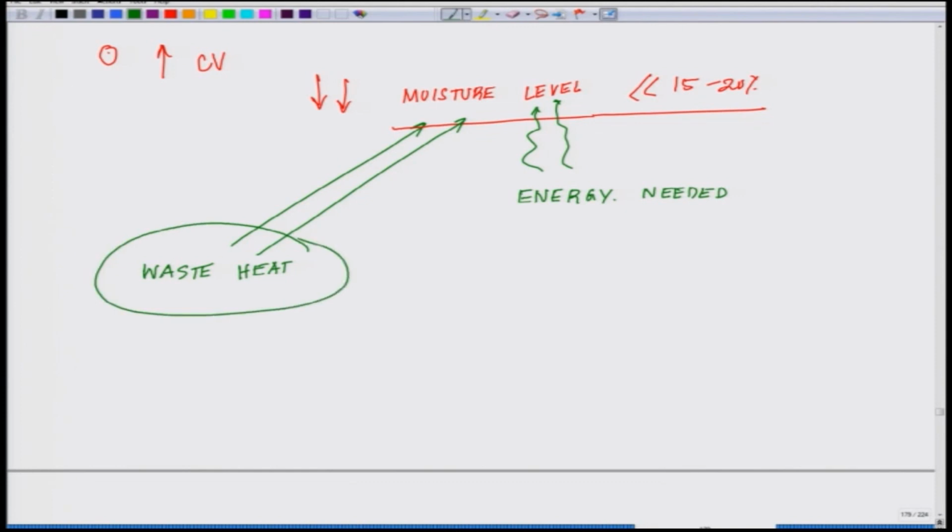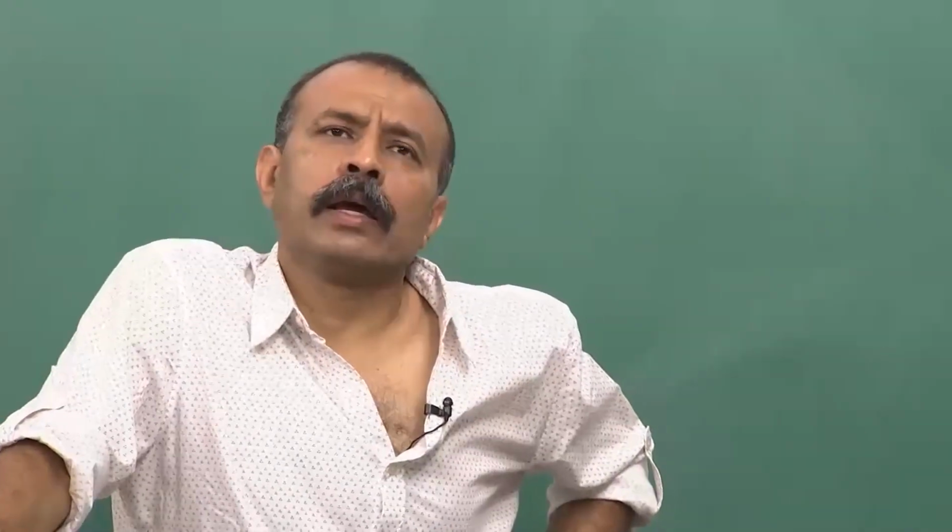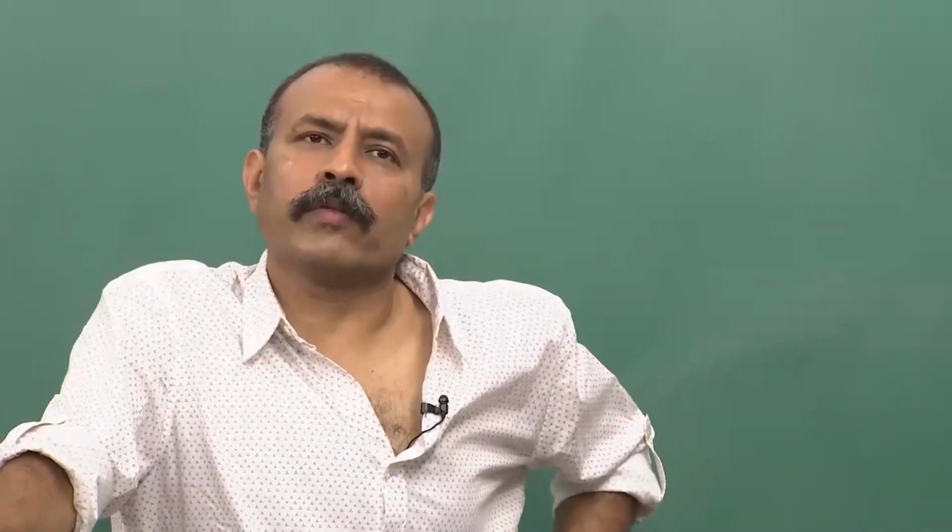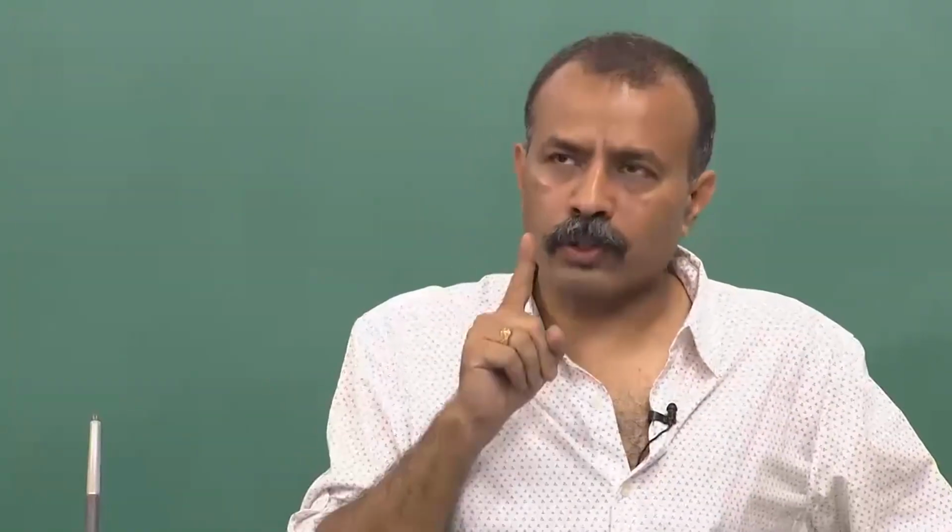A lot of waste heat is generated which has no utility value and is thrown out into the environment. So, how can we utilize that waste heat? One approach is to use it to reduce the moisture content down to below, say, 15%. That is one approach by which you can increase the calorific value of the system.